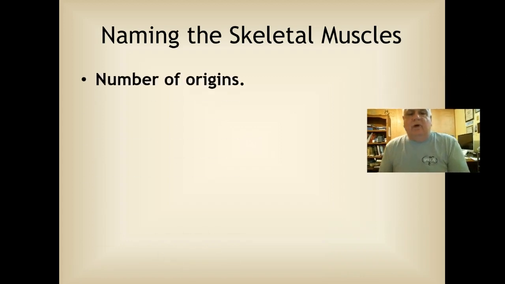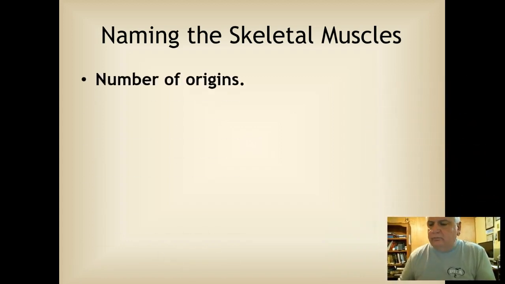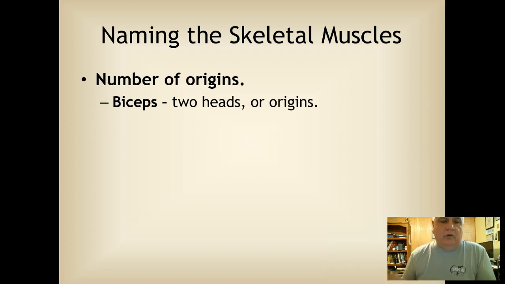Next up, we have number of origins. For example, we looked at the biceps muscle right at the beginning of this discussion, and we said the biceps has two heads and therefore two origins. One origin was on the superior rim of the glenoid fossa, and the other origin, or site of attachment, was on the coracoid process of the scapula.